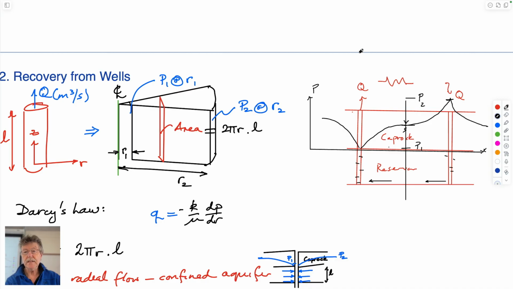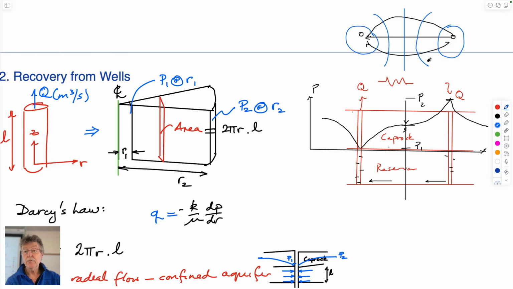So this goes out, I guess in plan view, it would look like this. This would be a flow line that would link the injection well to the recovery well. Other flow lines would look like this, etc. And these would be, if you think of this as equipotentials or equal pressure regions in plan view, it would look something like this.